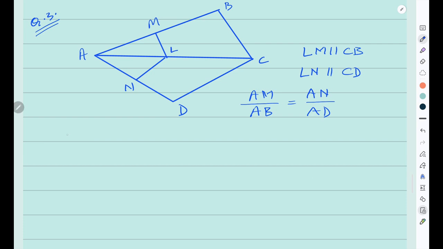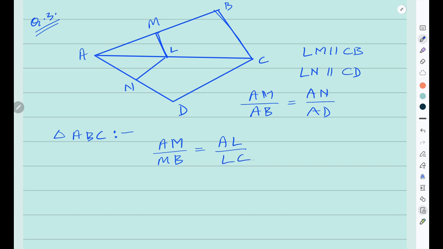In triangle ABC, what do you notice? It's a triangle where LM is parallel to BC. So it means the AM to MB ratio will be equal to the AL to LC ratio.